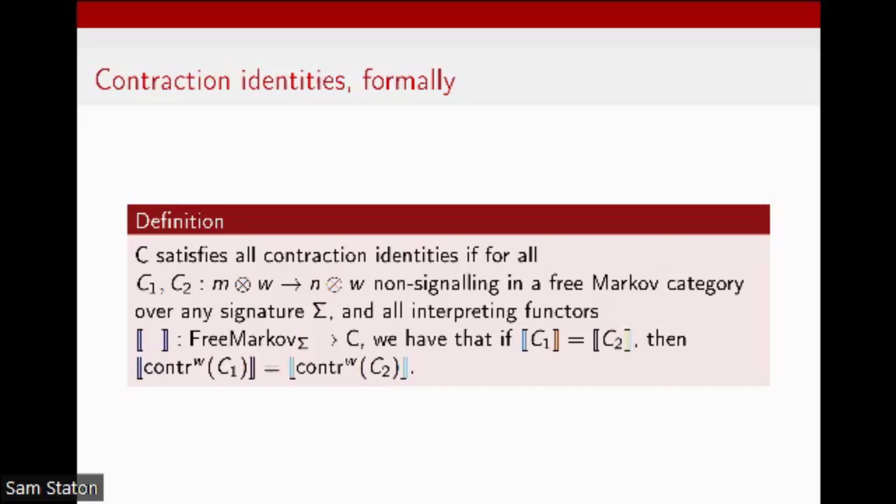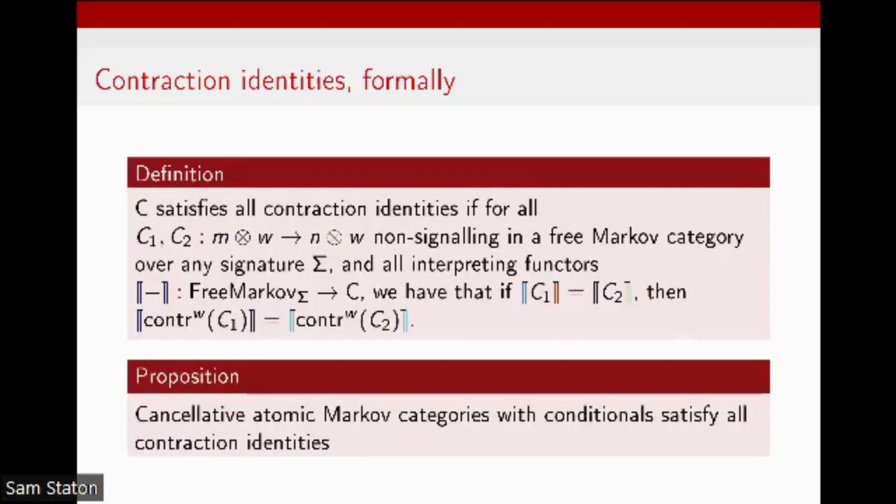By contract W, I mean the syntactic trace when I contract along W. Essentially, the contraction identity I have shown is also of this form. And then the main result, which is really nice, is that if my Markov category is cancellative, atomic, and has conditionals, then all of the contraction identities are satisfied.